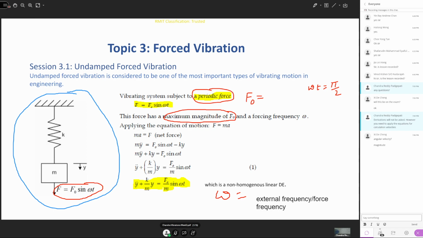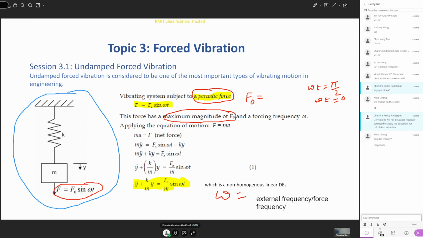When omega t is 0, sine 0 is 0, so the force is 0. So the force varies from negative amplitude F naught to positive amplitude F naught. It vibrates just like an oscillation. So it's a periodic force with amplitude F naught, and the frequency of the external force is omega.